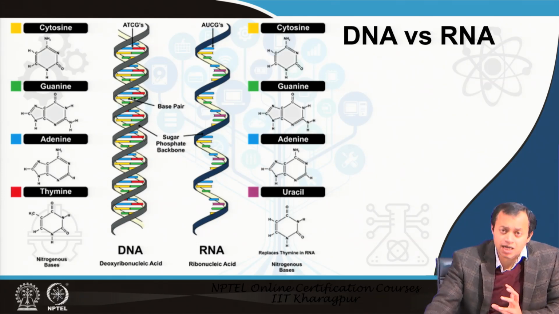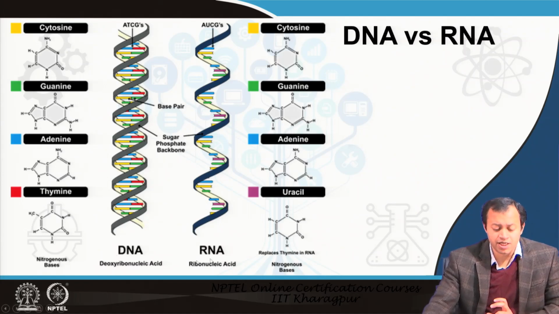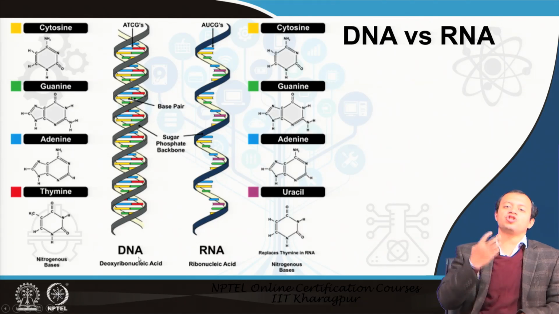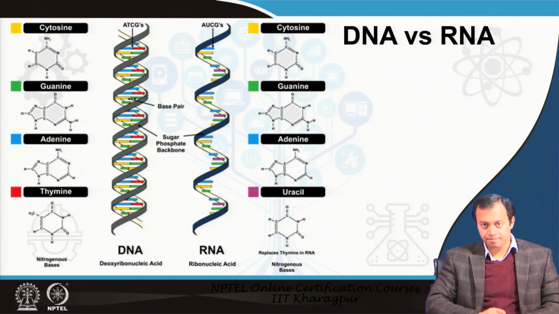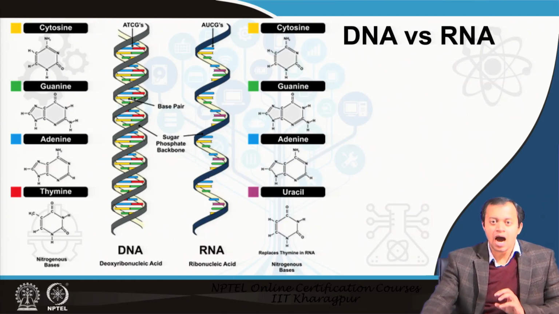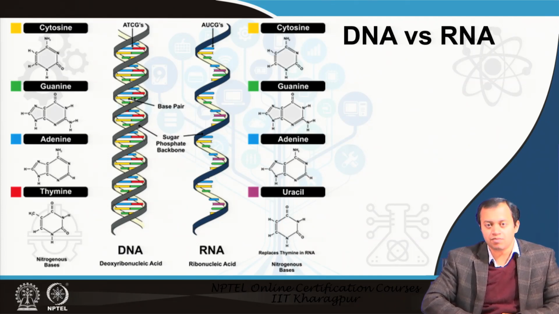The main fundamental difference between DNA and RNA, from a structural and chemical point of view, is that there is an H3C here, whereas there is an H. DNA is a bit more structurally and chemically stable. DNA is more stable than RNA. RNA is not as stable as DNA. RNA can be considered unstable.